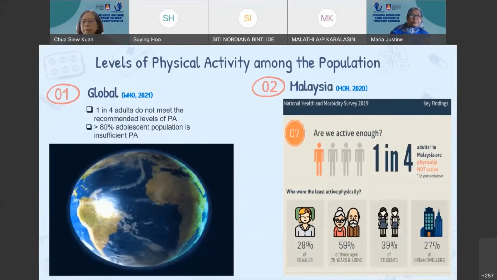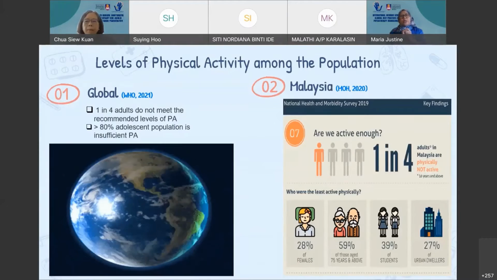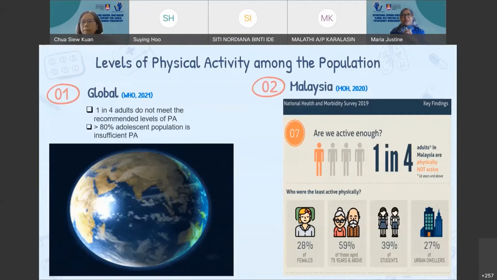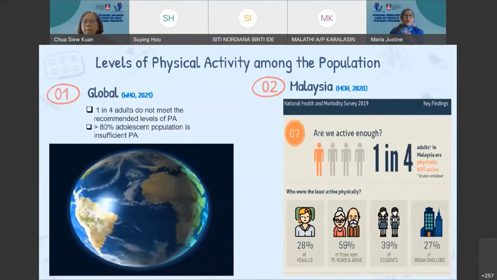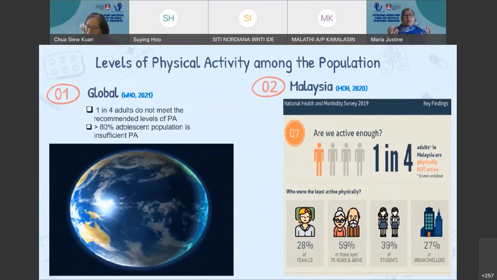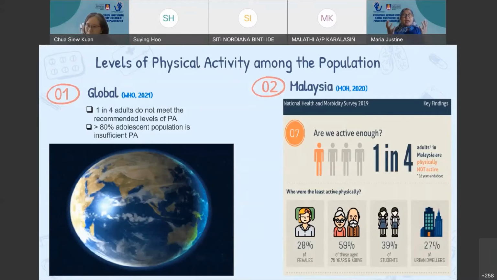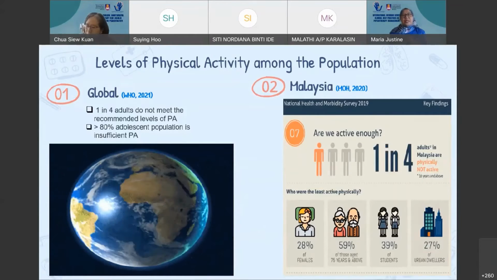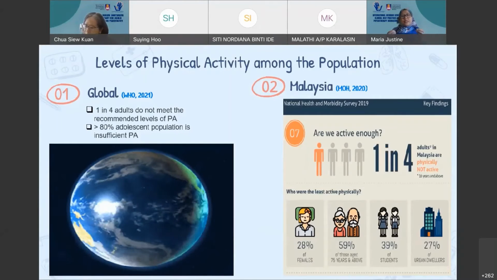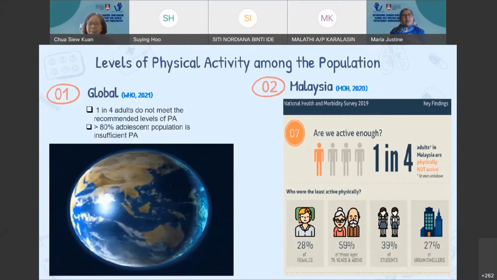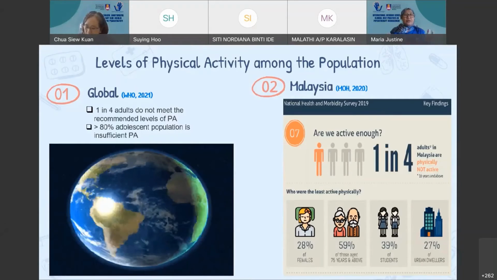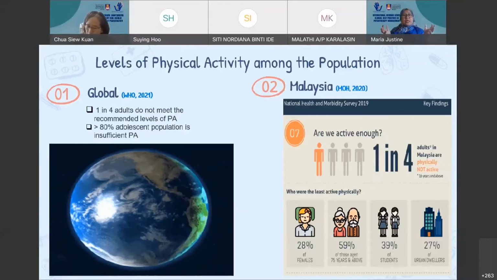Okay, so we want to know the current levels of physical activity among the population, because if we are already achieving the recommended dosage by the highest body that governs exercise science in the world, that is ACSM, we probably don't have to look at promoting physical activity.